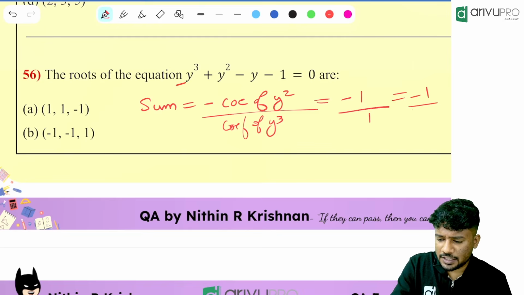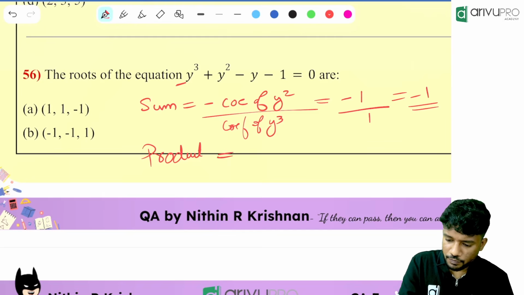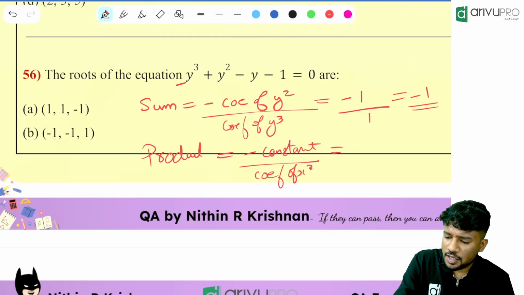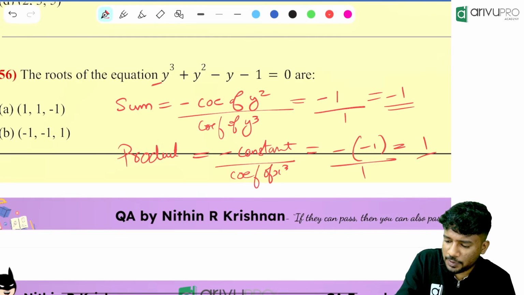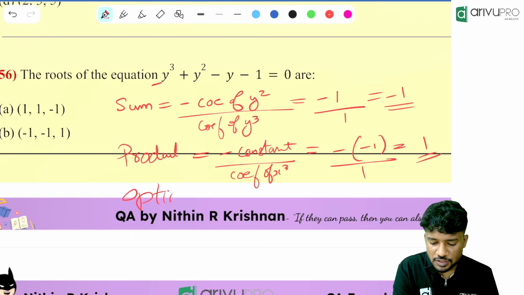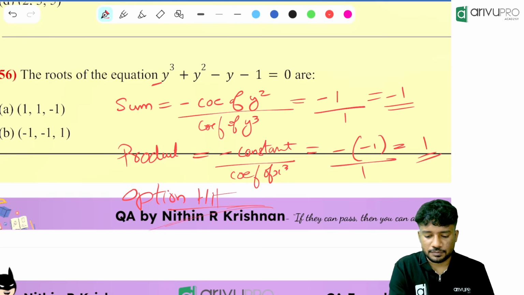That means minus 1 is the sum. Can anyone tell me the product? Product is minus of constant term divided by coefficient of y cube, which is minus of minus 1 divided by 1, which is equal to 1.